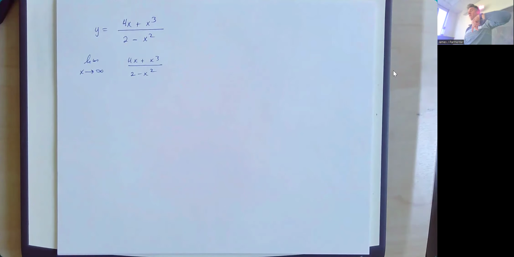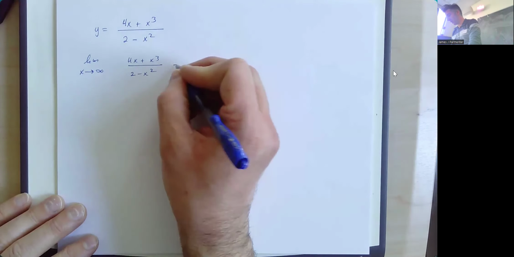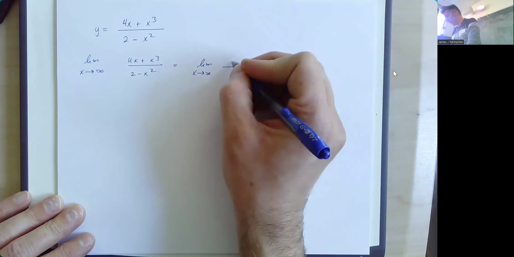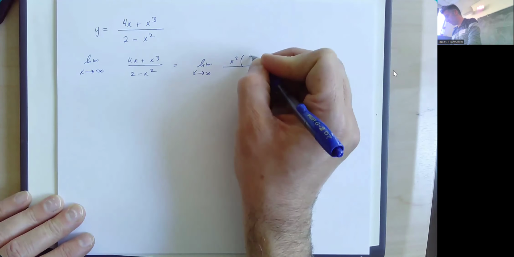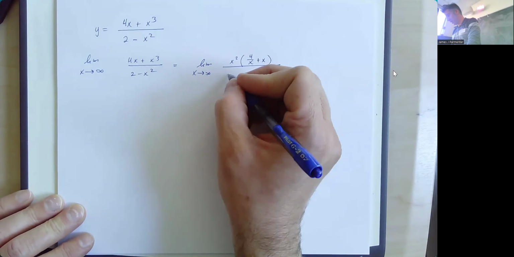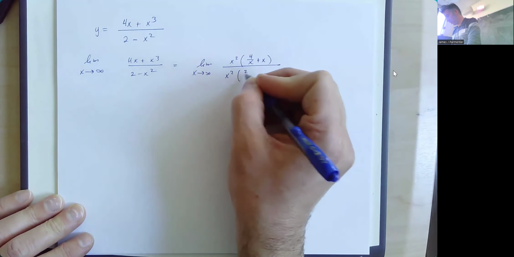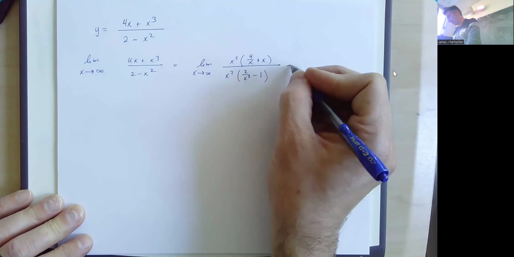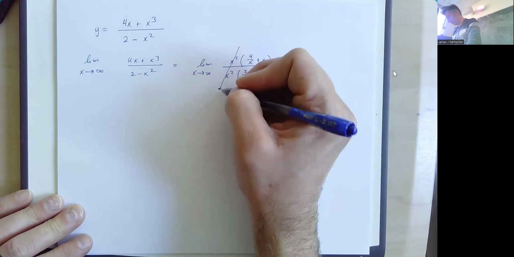And what am I factoring out from the top and the bottom? X to what power? So I'm going to write this as the limit as x goes to infinity of x squared times 4 over x plus x on the top, and x squared times 2 over x squared minus 1 on the bottom. And then I cancel or divide those things and get 1.